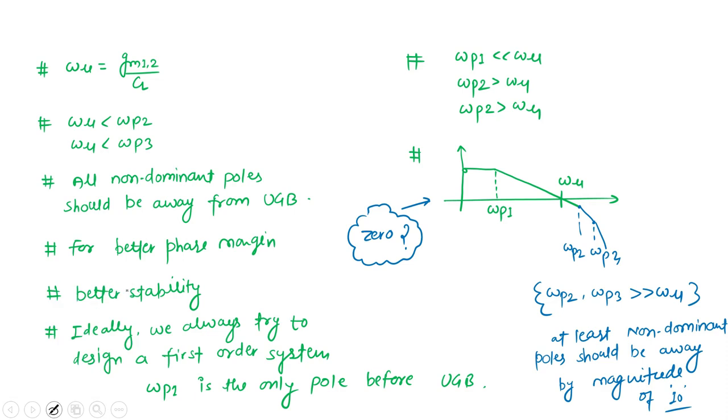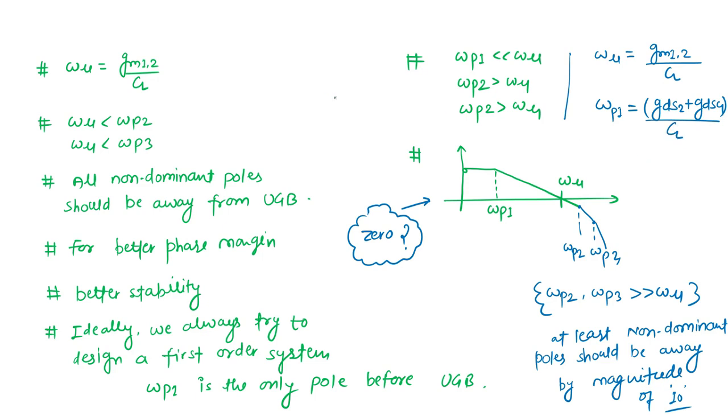So what we can see is that omega u is the number Gm of transistors 1 and 2 divided by Cl, while omega p1, or omega 3dB, is GDS of 2 plus GDS of 4, divided by Cl.